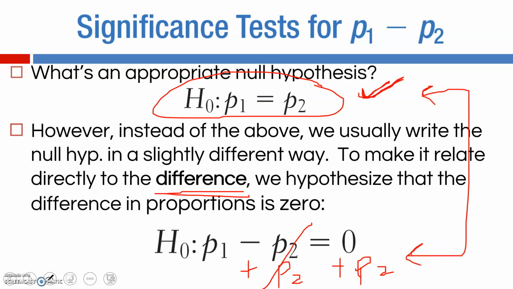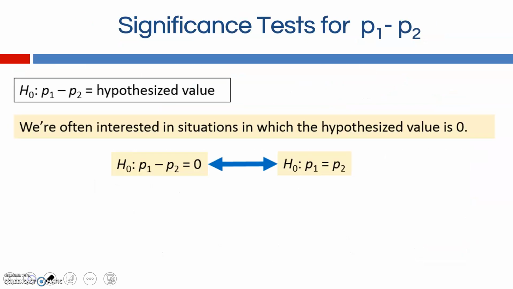So I prefer the one on the top, but the book may frequently use the difference, P sub 1 minus P sub 2 equals 0. So I'll show you both just so you are ready for anything.